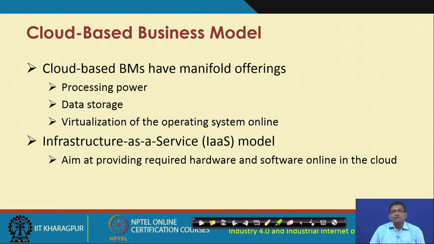Cloud services means we are offering cloud based processing capabilities, data storage capabilities, the virtualization of the operating system, etc. So, these are the different features, the different aspects of the cloud based business model.